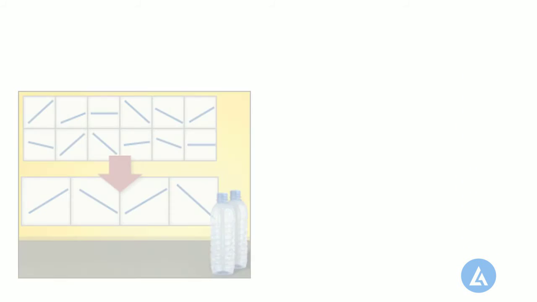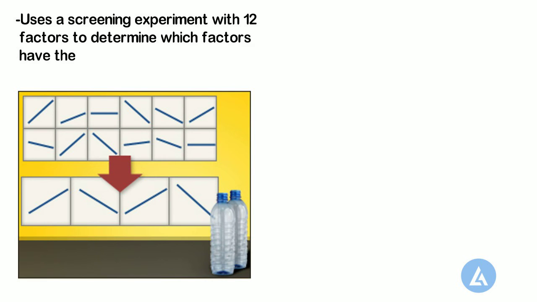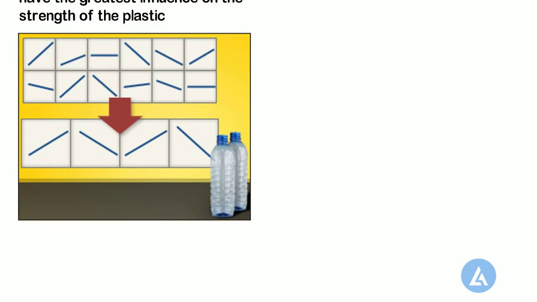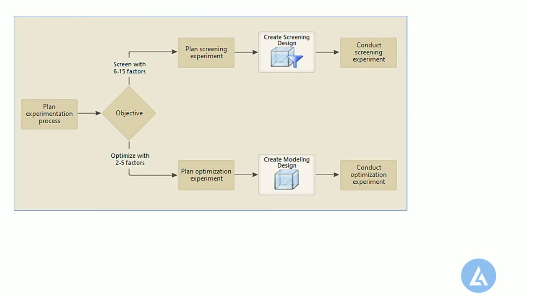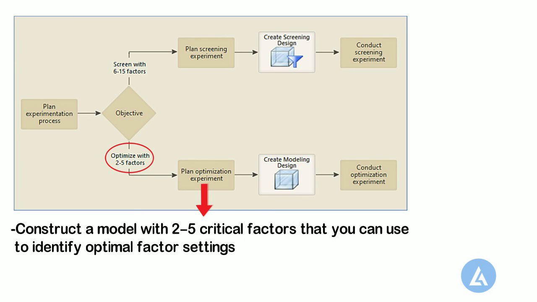For example, a plastic manufacturer uses a screening experiment with 12 factors to determine which factors have the greatest influence on the strength of the plastic. But if in the experiment the number of factors is less than 6, that is 2 to 5, then construct a model with 2 to 5 critical factors that you can use to identify optimal factor settings.